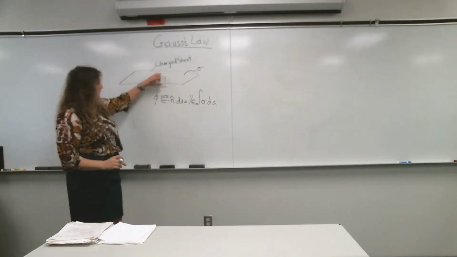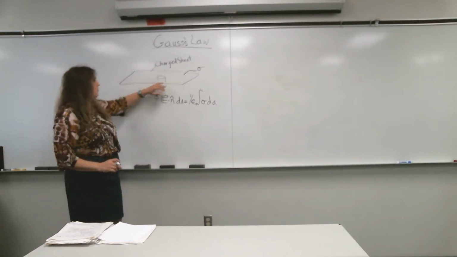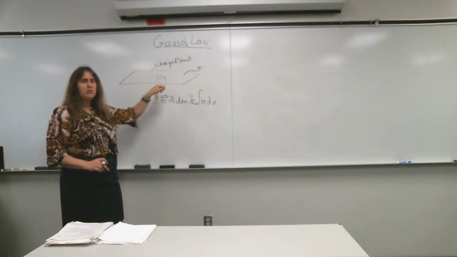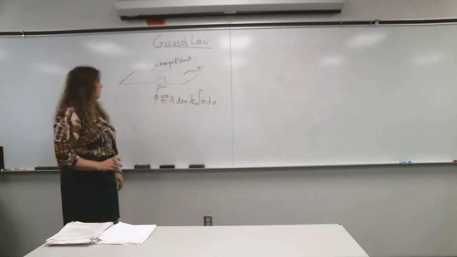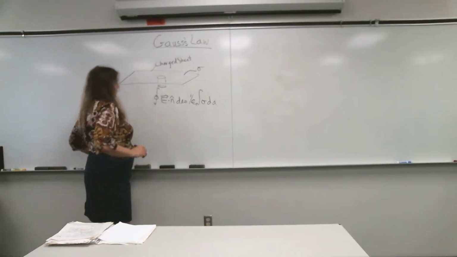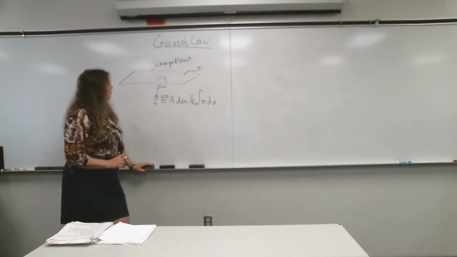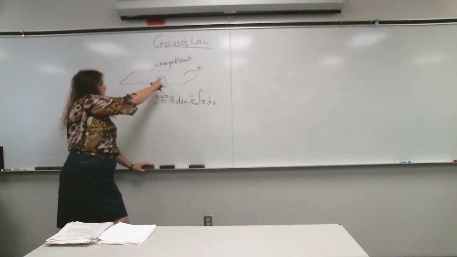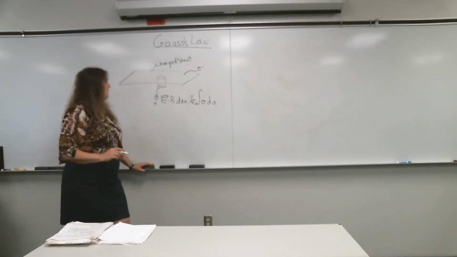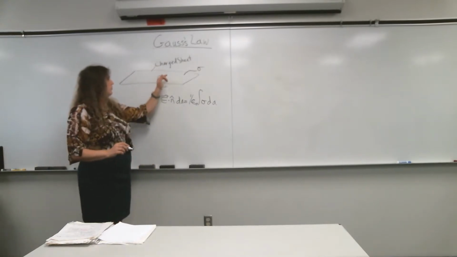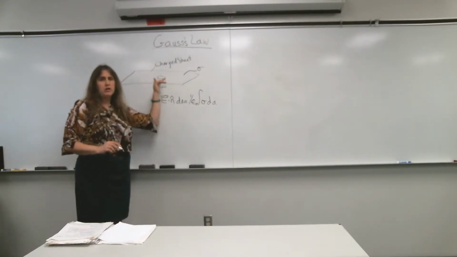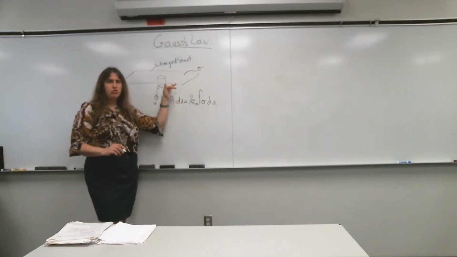So my pillbox straddles this region. It contains a certain amount of charge sigma within here, and we'll see that the electric field is going to be in the normal direction to this plane of charge.